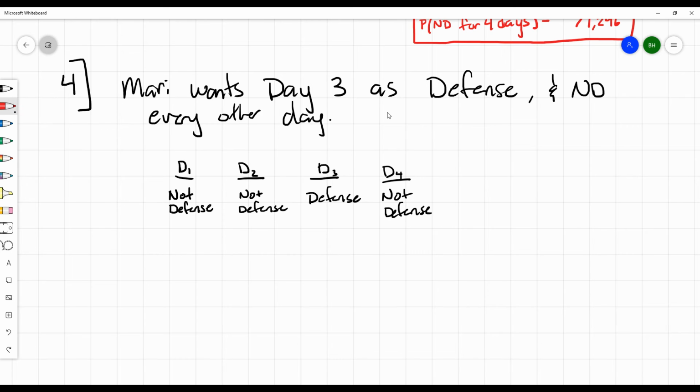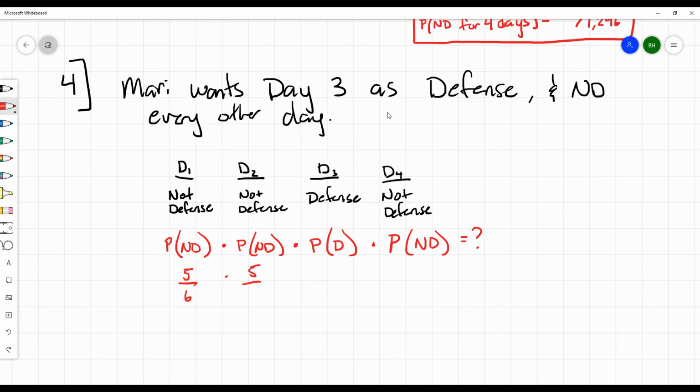So if we do this, we're actually looking at the probability of her not getting defense, and the probability of her not getting defense, and the probability of her becoming a defense, and the probability of her not becoming a defense for the last one. If we plug in some numbers here, we end up with 5/6 because she doesn't want to be the defense, with a 1 out of 6 chance that she is a defense, and then finishing off with another 5 out of 6.